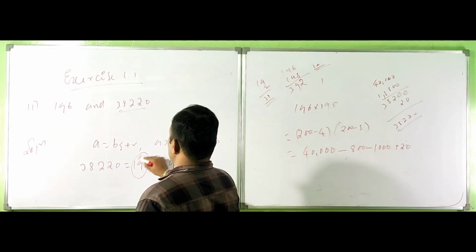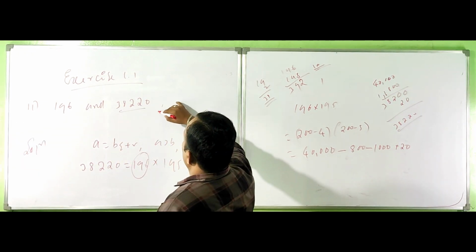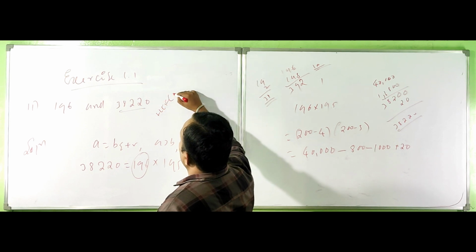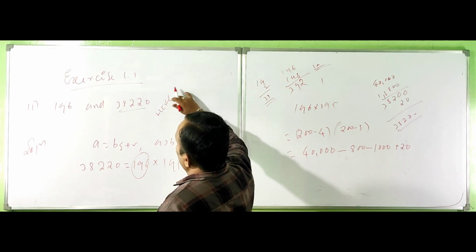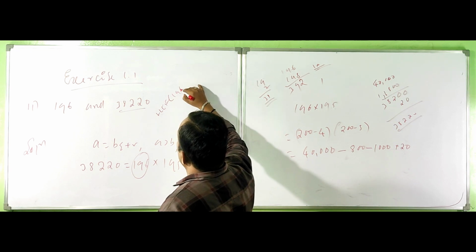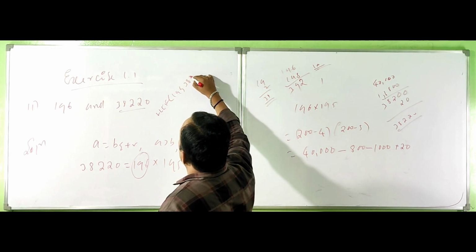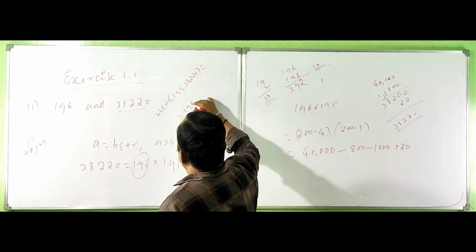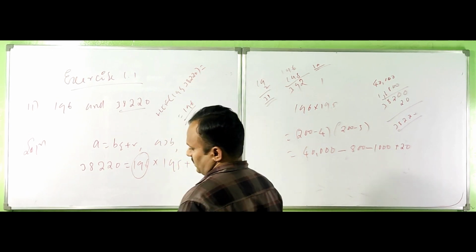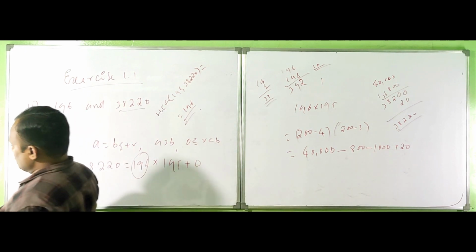It comes to be a bigger one, but let it be. HCF of 196 and 38220 is equal to 196. Next question.